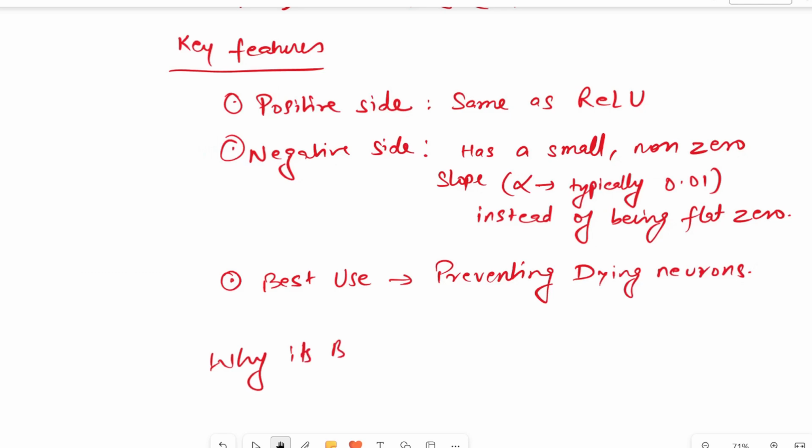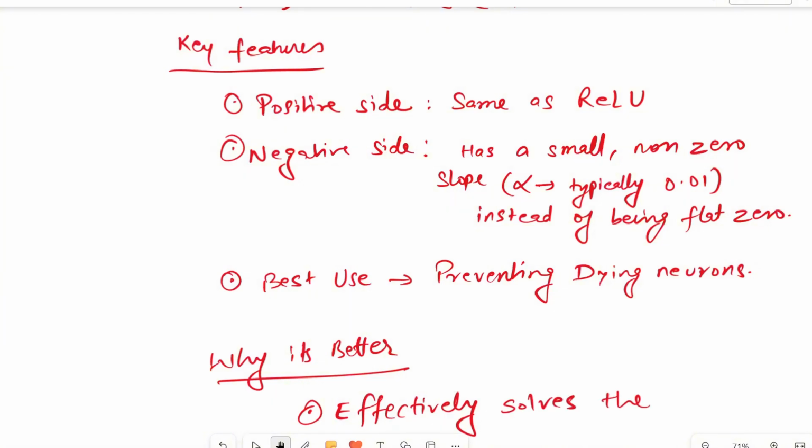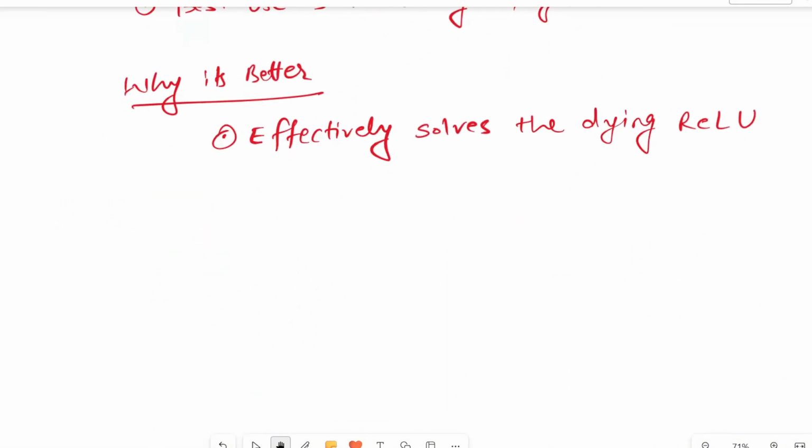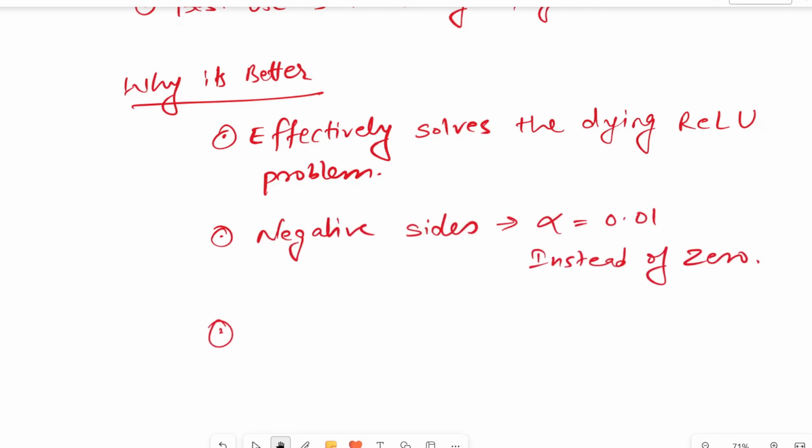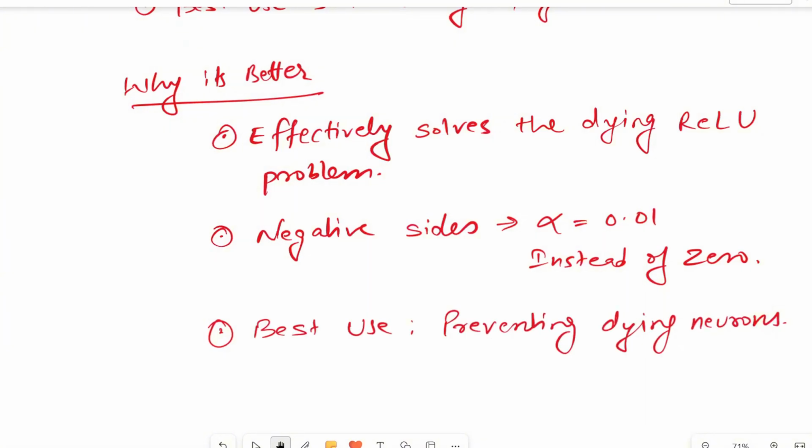That tiny slope means that the gradient is never completely 0. This simple change means neurons can now recover from being almost dead. They are never completely dead, so they can always start learning again.